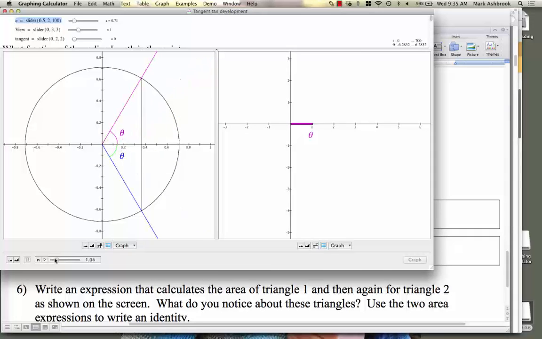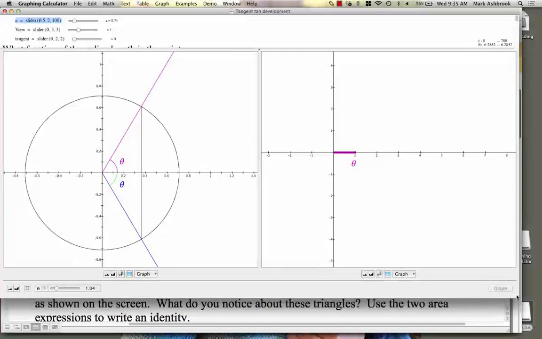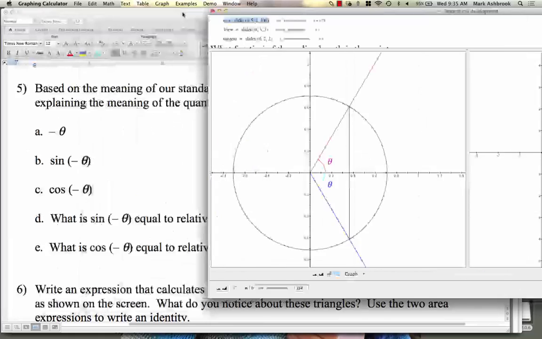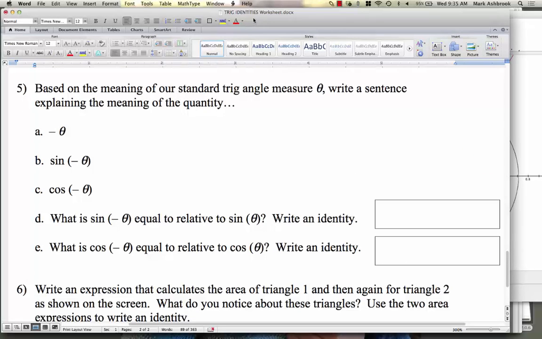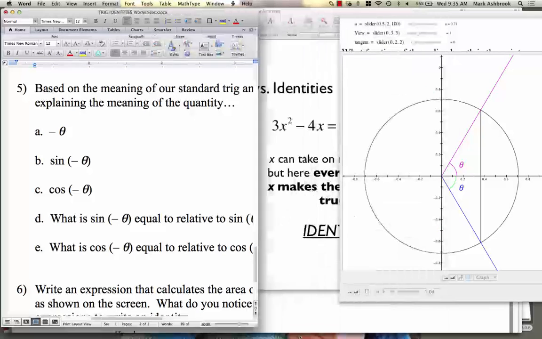Okay, so let's investigate what's called the opposite angle. Looking just at the left-hand graph, don't worry about the right-hand graph, so I'll take that off. What would be the meaning of the angle negative theta?